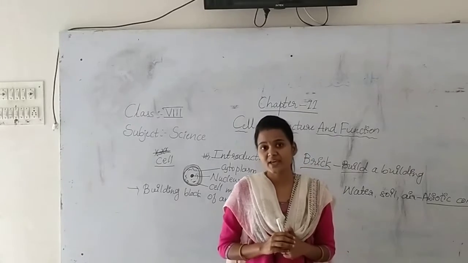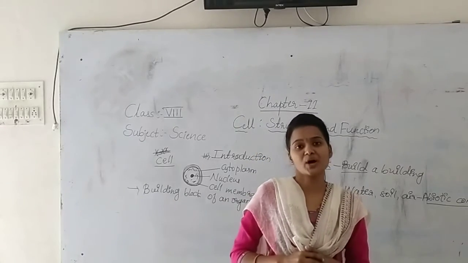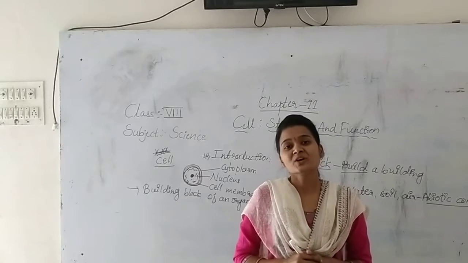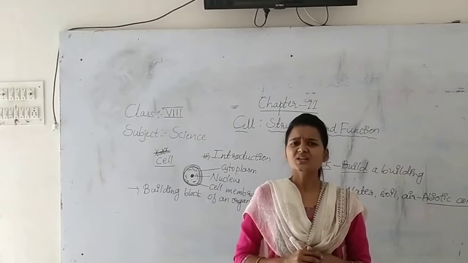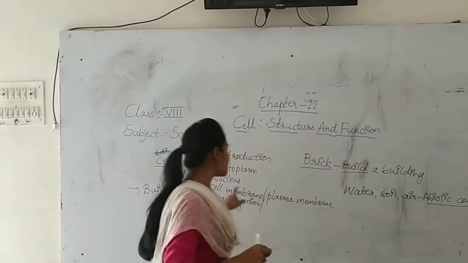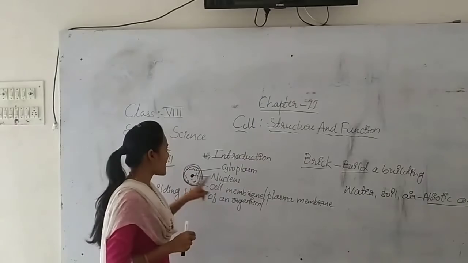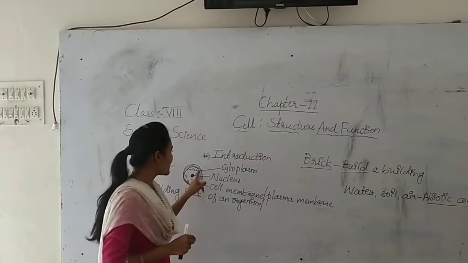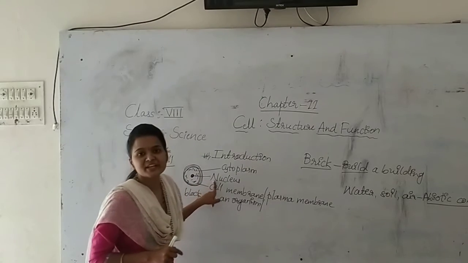That's why we say the cell is the structural and functional unit of an organism. So students, the cell is very important. Then what does that cell contain? It contains the nucleus, a jelly-like substance, that is the cytoplasm. The nucleus is spherical in shape.